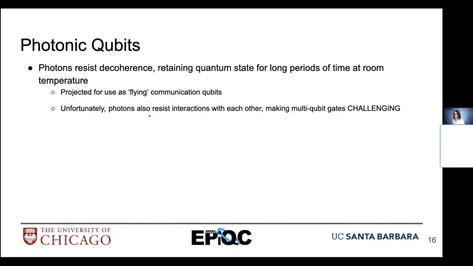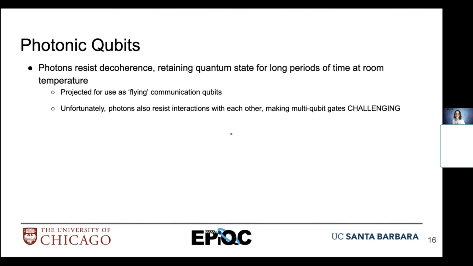They only interact sometimes. So there's an associated probability with some quantum photonic implementations of how they will interact and whether or not they will interact. So because photons don't really want to interact with other elements in their environment, they resist interacting with each other, and 2-qubit gates are challenging.